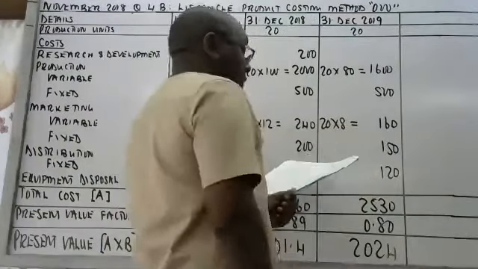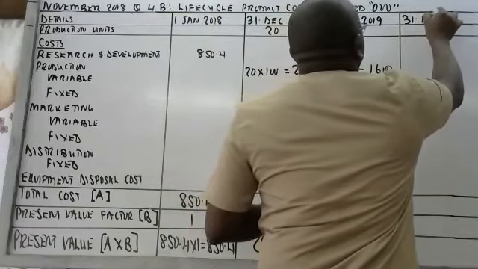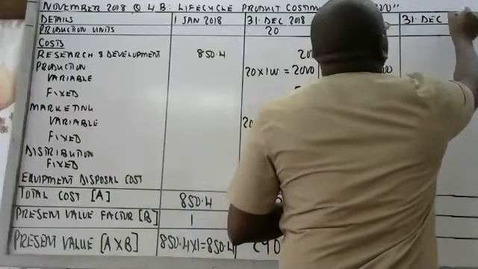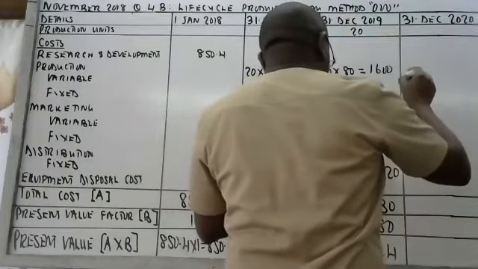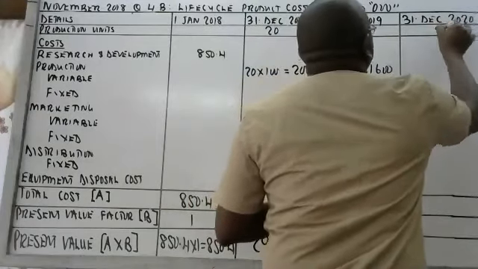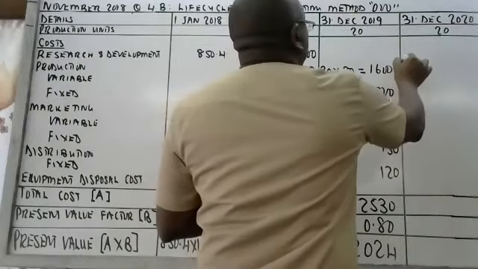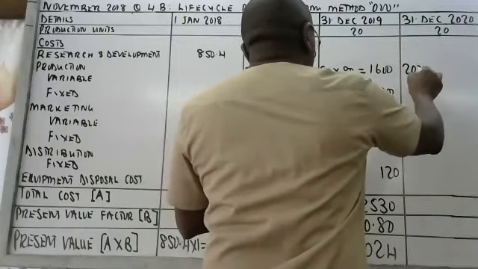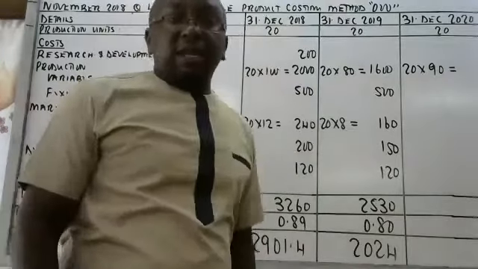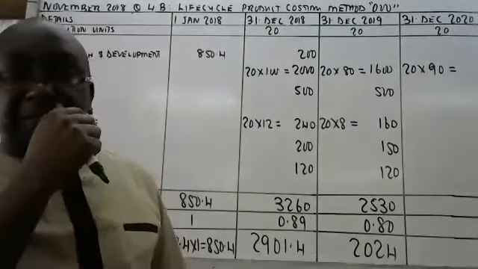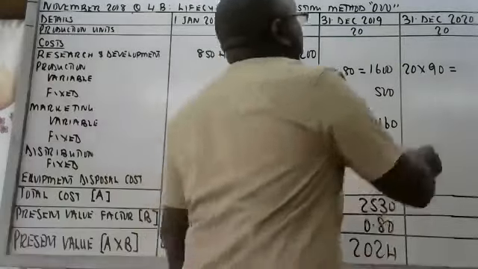Good. We proceed to the next, the 1st of December 2020. The units are 20 again. There is no research. So I need to say 20 times 90. 20 times 90 is what? 1800.